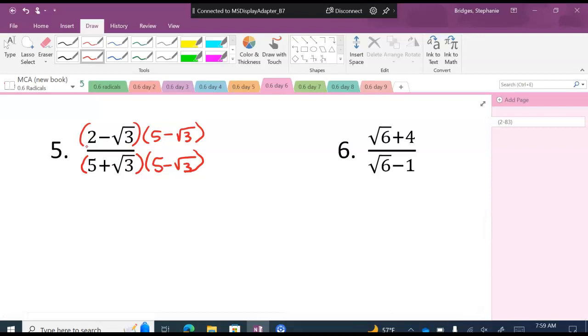Once you do that, then you can multiply the denominators. Then you're going to want to combine all the like terms you can after you get rid of your perfect squares. And then lastly, check to see if you can simplify.